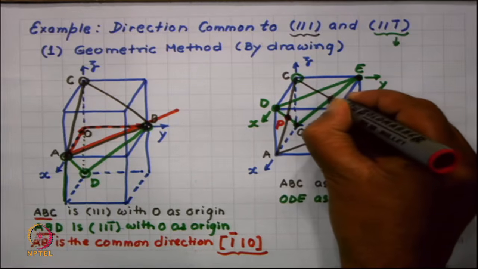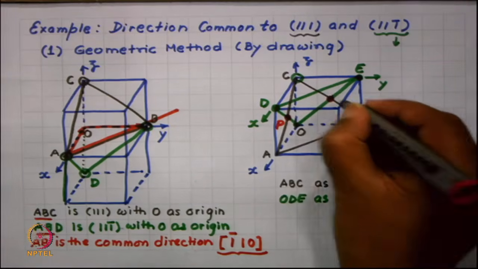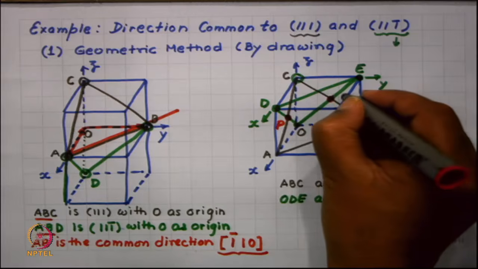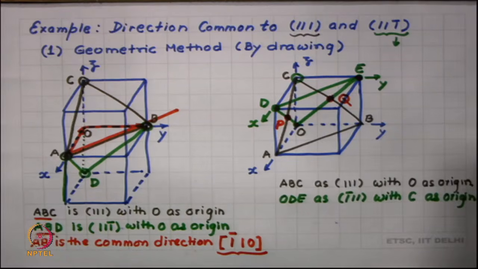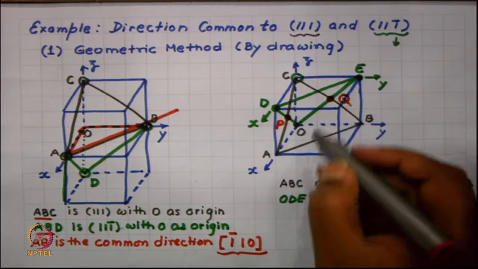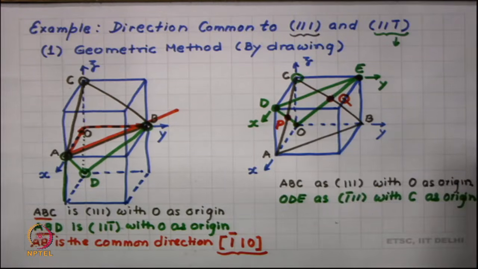So, the common point to the two planes is this point Q.